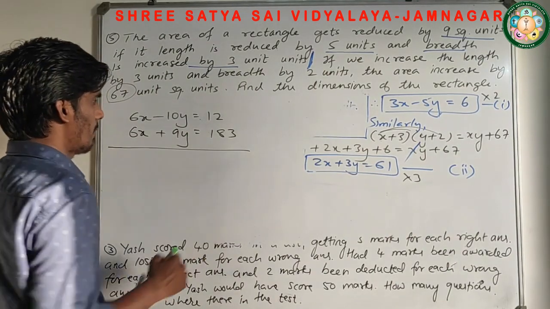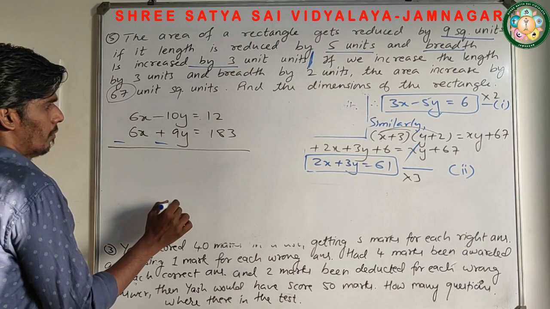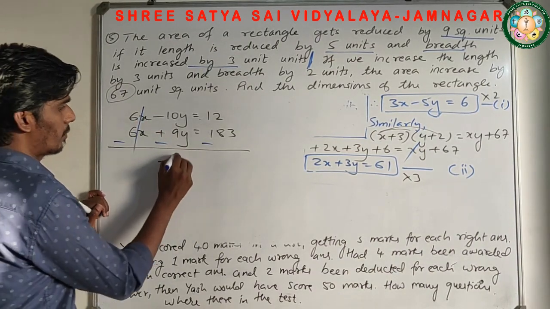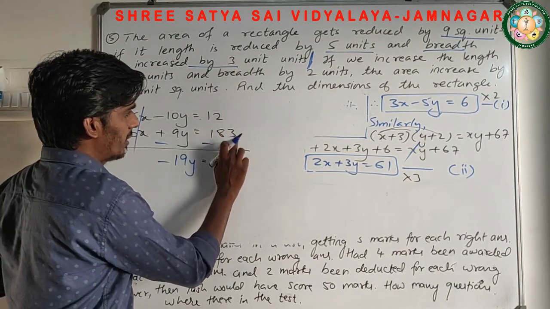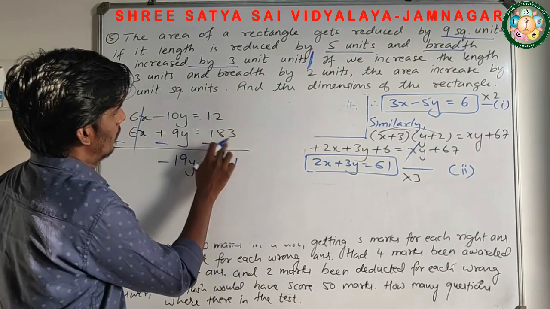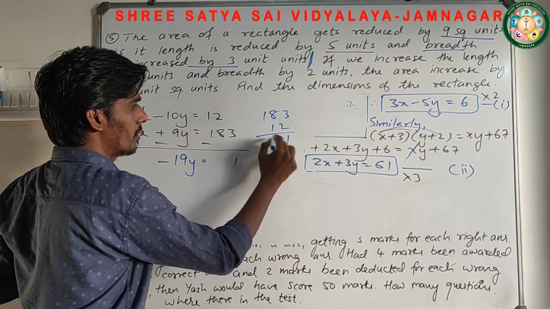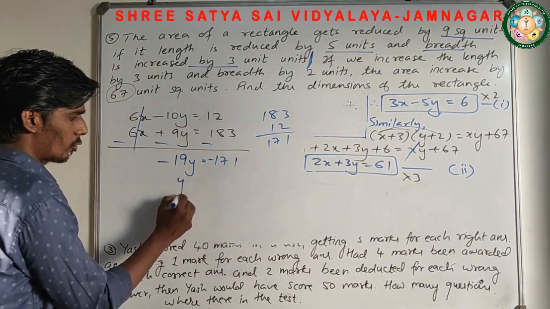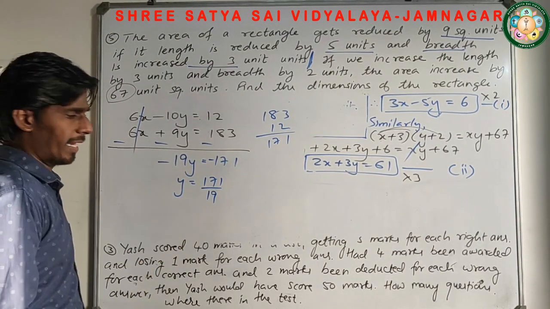Now eliminate it, change the sign, minus, and here minus, so this gets cancelled. It's minus 19y equals 3 minus 2... it's 1, and 183 minus 12, it's 171. Greater number side, so minus. So y equals 171 upon 19.